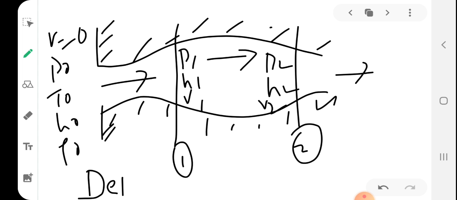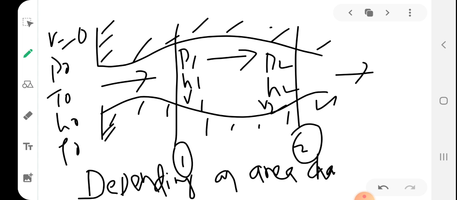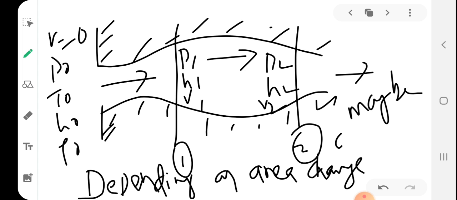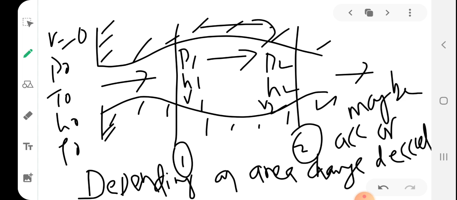Now suppose depending upon area change, flow can accelerate or decelerate. Okay, so suppose it is accelerating from 1 to 2.